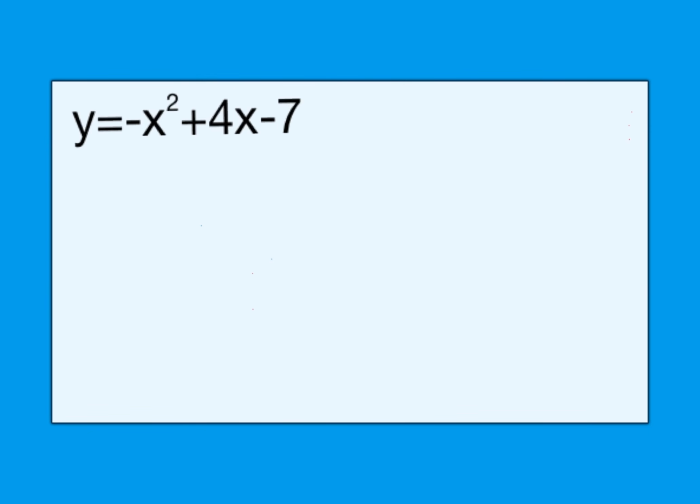Welcome back. So the first point we know, 0, negative 7, the y-intercept. What's another point we know? Well, let's complete the square. Now, we can check the discriminant to see if we have x-intercepts.